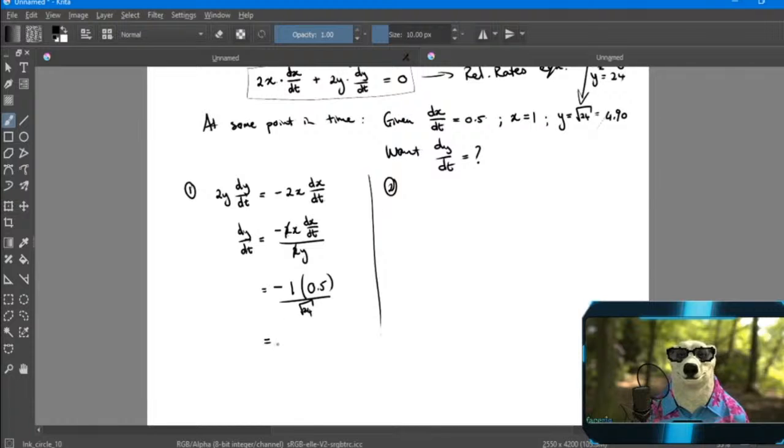Actually, let's do it now. Let's do the answer now. Check on your calculator what that answer is. Remember to not use the rounded value for y, but the original.